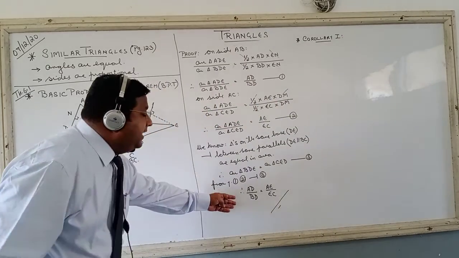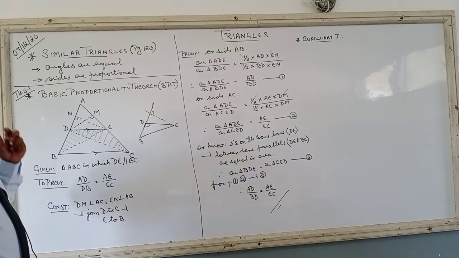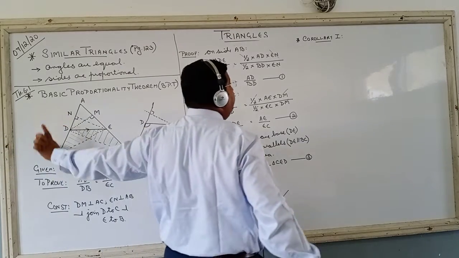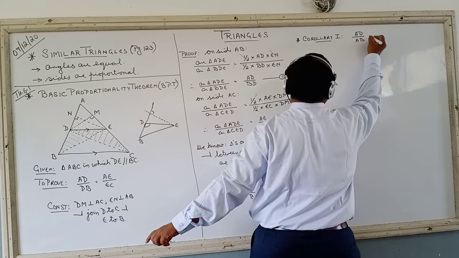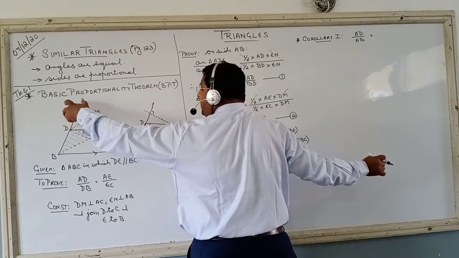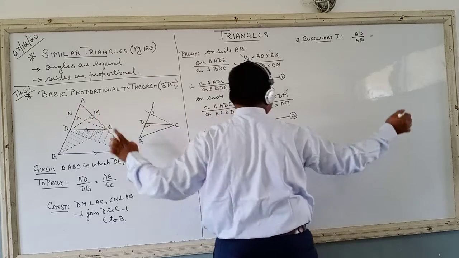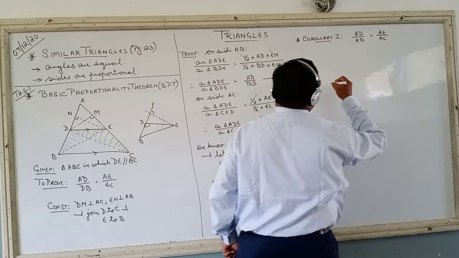Corollary means related to this theorem, from the proof we can conclude one more part: that AD, this part of the side, upon the total side AB, is equal to AE upon the total side AC.